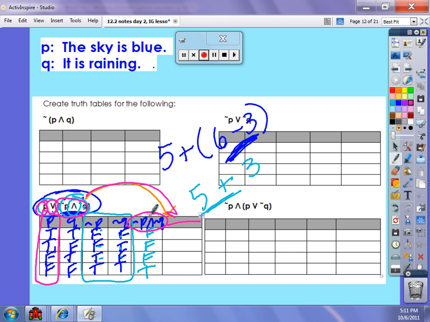Okay, so I've got true, false, which is true because I'm using or, so either one of them has to be true. True, false is true. False, false is false. And false, true is true. So here is the last column, which is my, gee, I wrote all over this, didn't I? Which is going to test every combination of whether or not the sky is blue and whether or not it is raining.